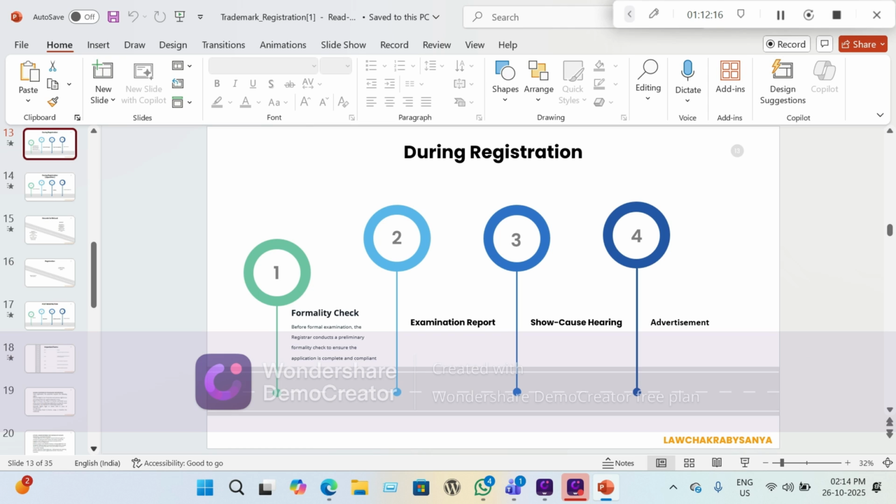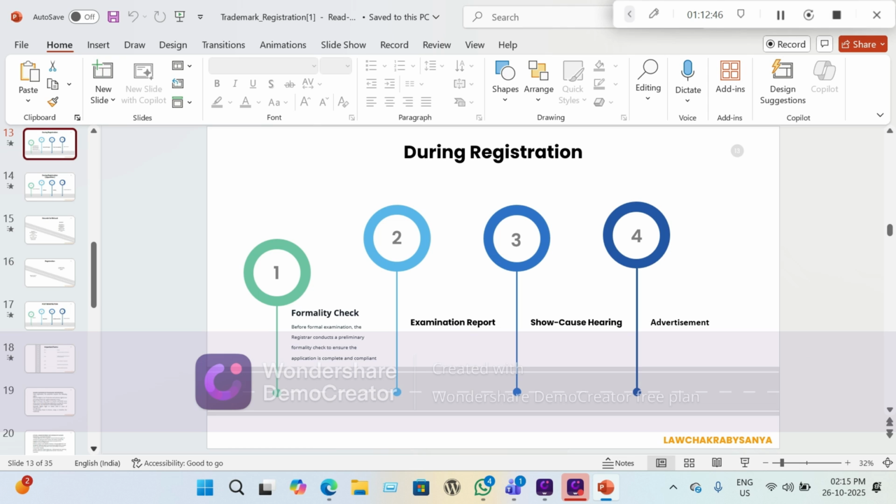Then, if it is offensive, if it is misusing, or if it is using some symbols or emblems that are not allowed to be used, or if it is capable of hurting religious sentiments, then Section 9 objections will follow. If it is similar to or identical with any other mark that has already been applied for in that particular class, then it will attract a Section 11 objection.